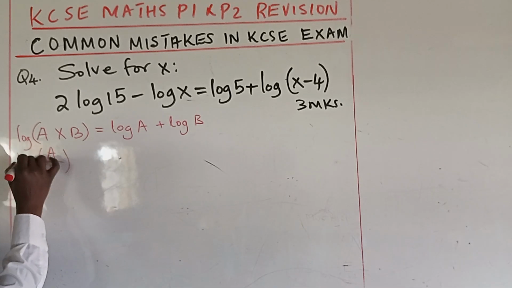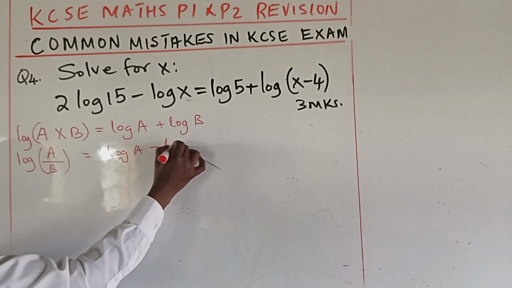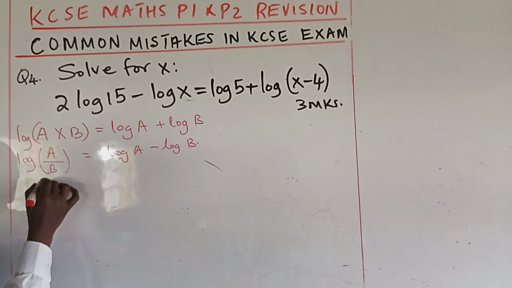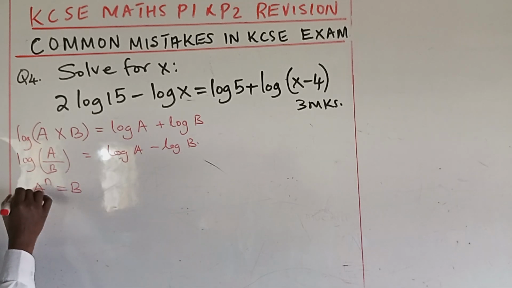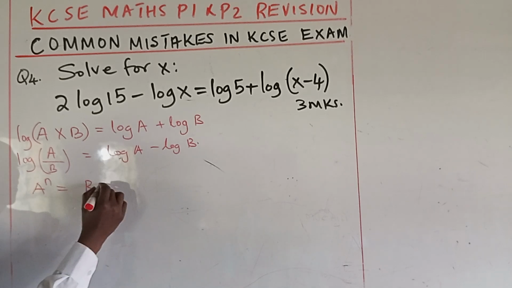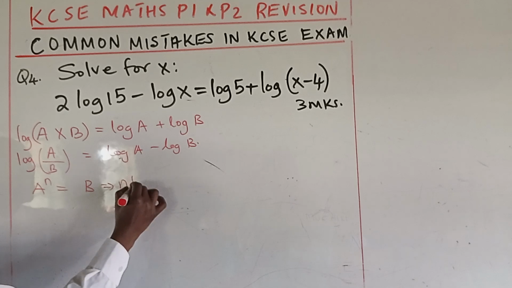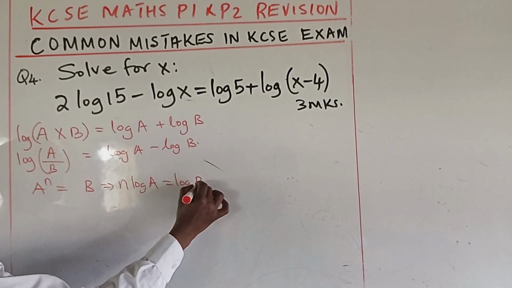The logarithm of this will be the log of a subtract the log of b. And we also have a law that says if a raised to the power of n is equal to b, and you take logarithms on both sides, the power becomes a multiplier, so n times log of a will be equal to the log of b.